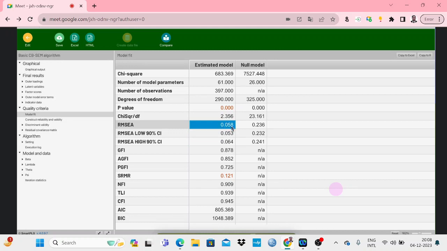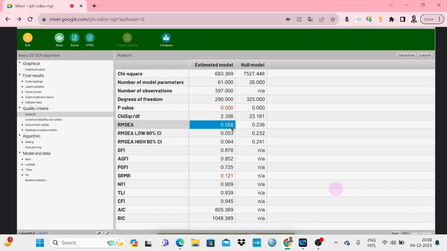The closer this RMSEA value gets to zero, the better the model fit. Currently, the cutoff point for RMSEA is 0.07. If the value of RMSEA is greater than 0.07, then we don't consider that to be a good fitting model.